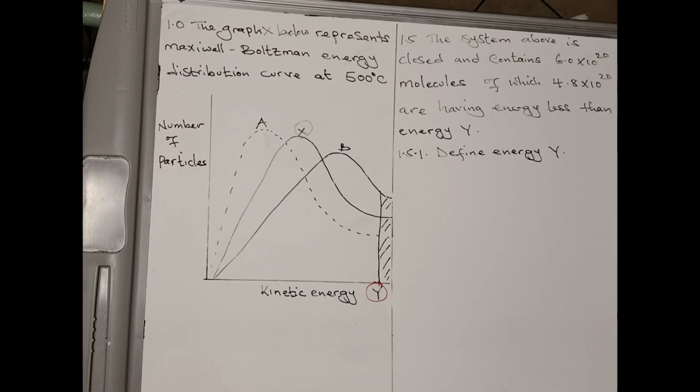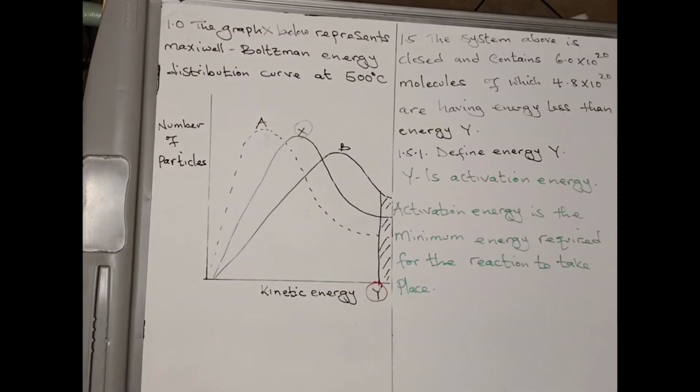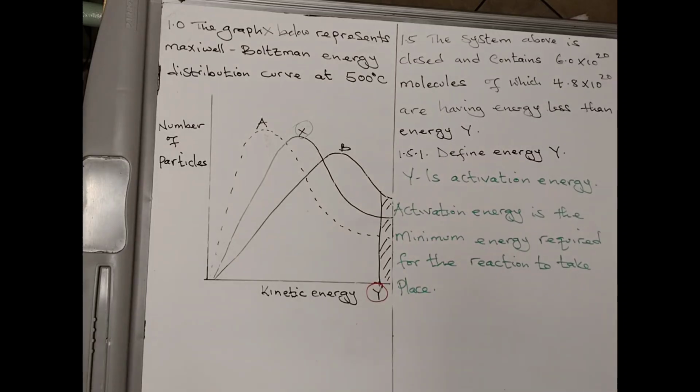And activation energy is the minimum energy required for the reaction to take place. So that is that. Y is activation energy, and it is the minimum energy required for the reaction to take place. Okay, so let us look at the next question.